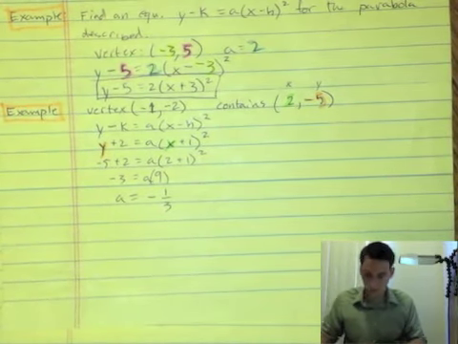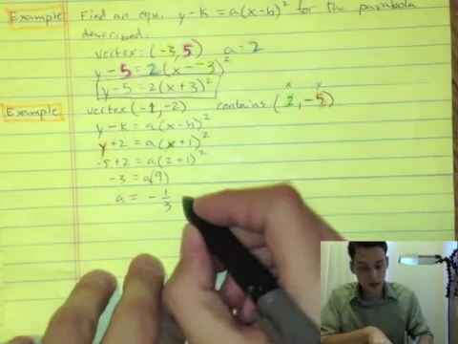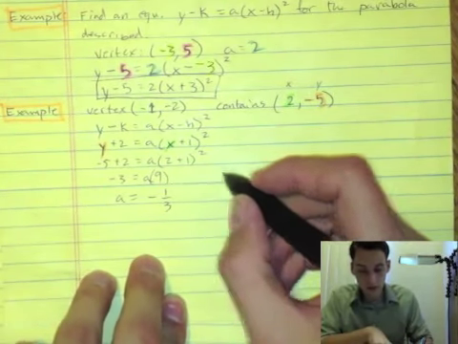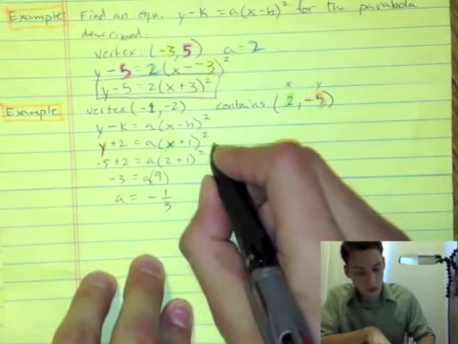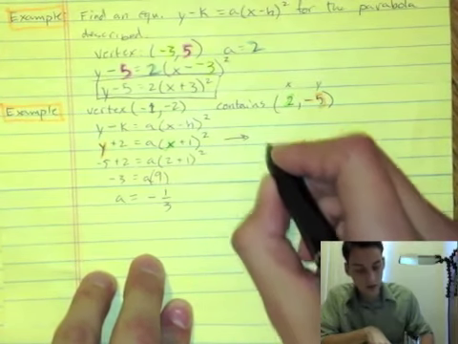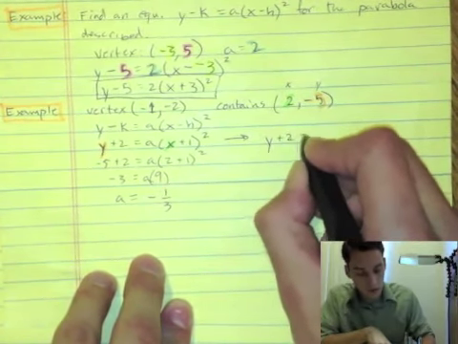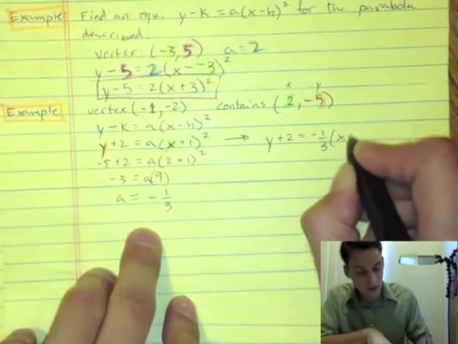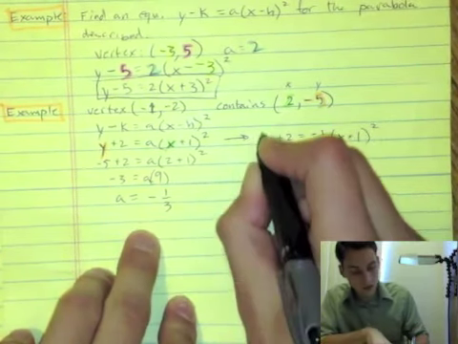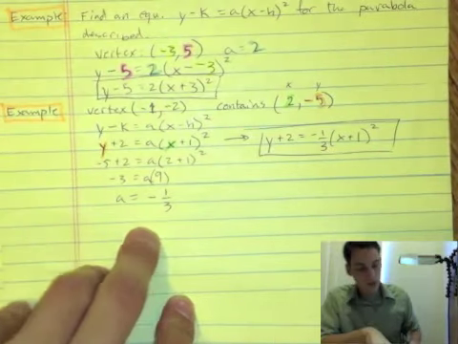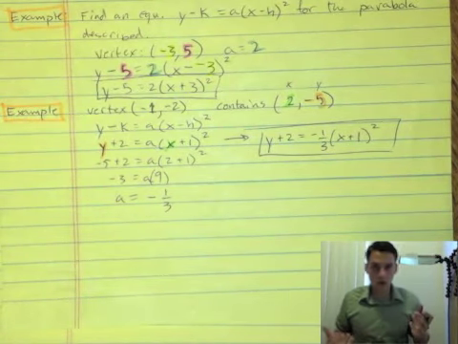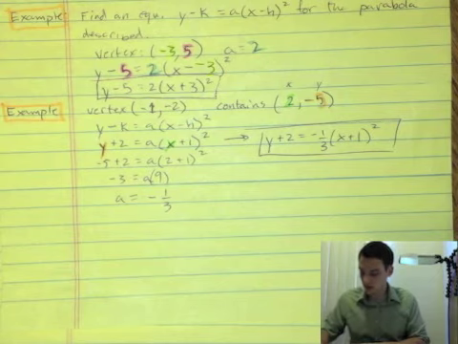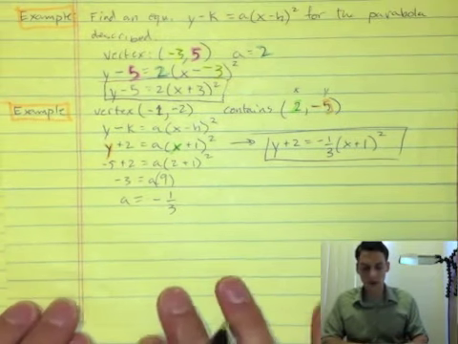Now that I have A, I can plug this back into my formula: y plus 2 equals -1/3 times x plus 1 quantity squared. And that's my answer. A little bit different information, but still fairly easy.